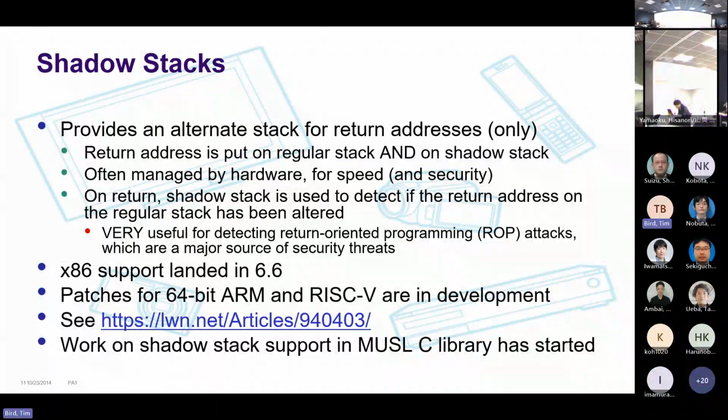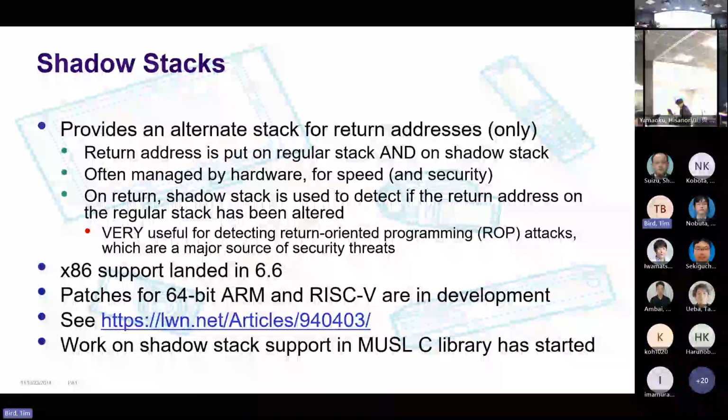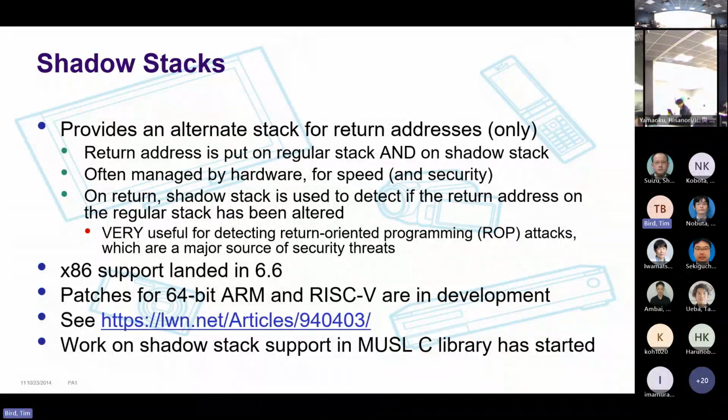The main stack that's used by the program normally combined with data, but there's also return addresses put on a second area of memory called the shadow stack. And this is often managed by hardware so that it's as fast as possible and there's extra security.